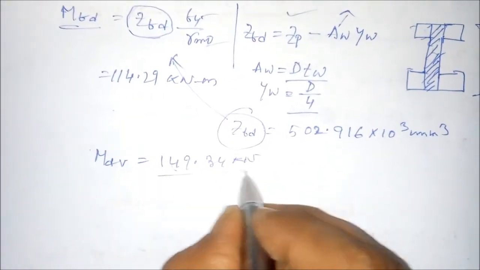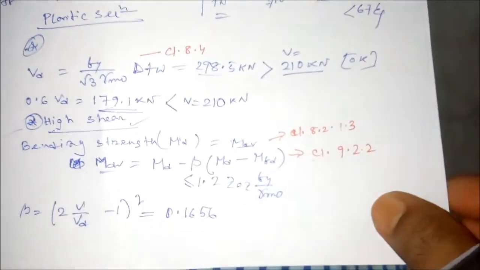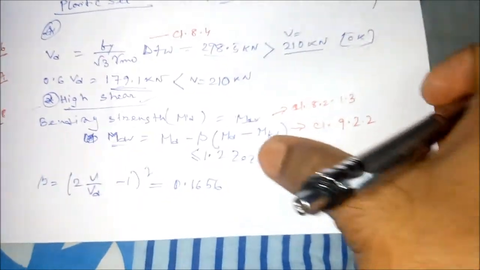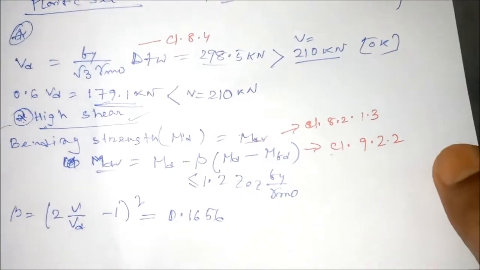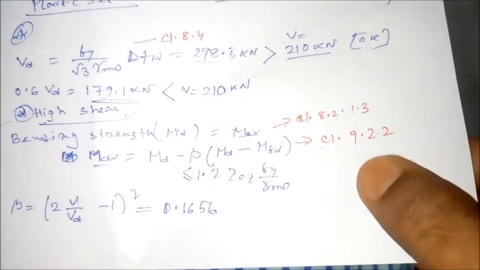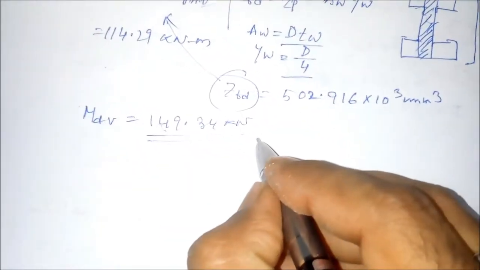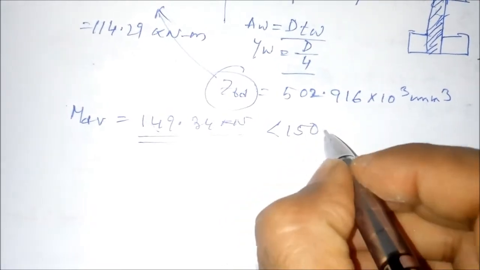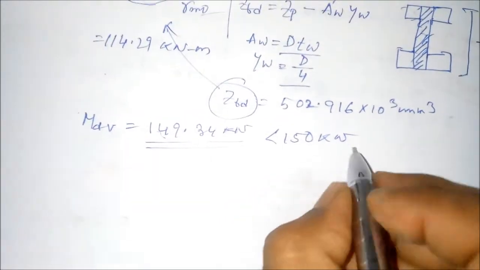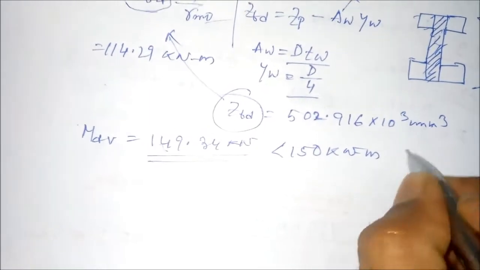Now we have to see whether this is crossing the limiting value, right? But whether this value is greater than this or not, that doesn't matter, because you can see that the design bending strength we are getting is basically lesser than the applied factored maximum bending moment.